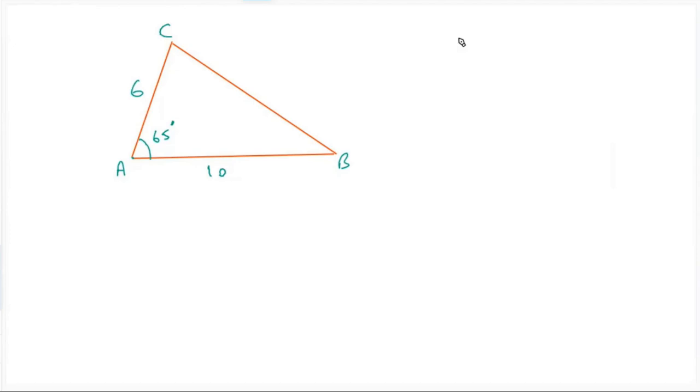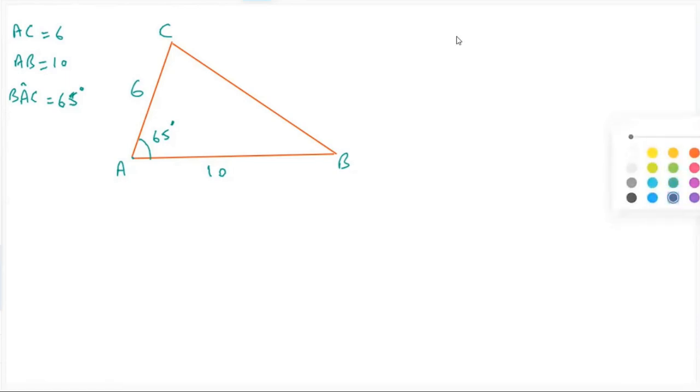So if I were to write that properly, AC is equal to 6, AB is equal to 10, and the angle BAC is equal to 65 degrees. This is the information that you have. And what we need to do is find the length BC.